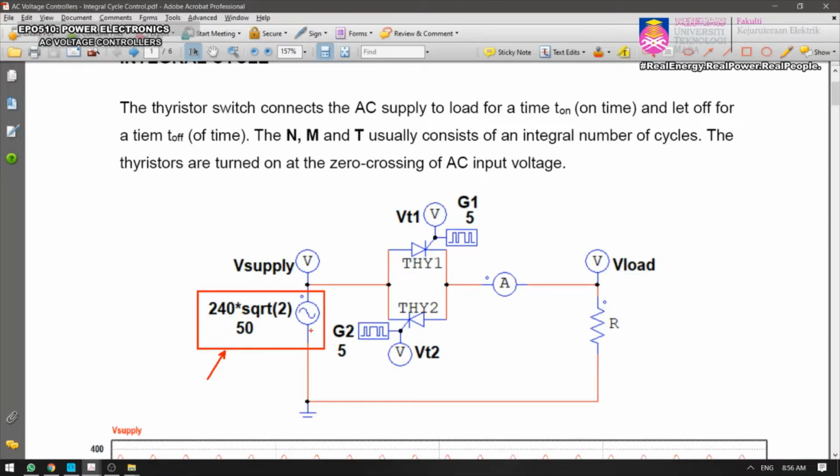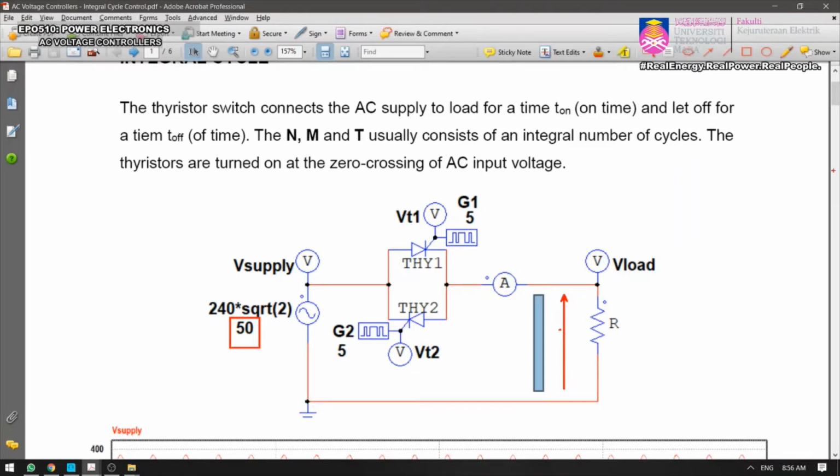However, you're going to see that across this load, the frequency of the output will be much less than the frequency of the input.